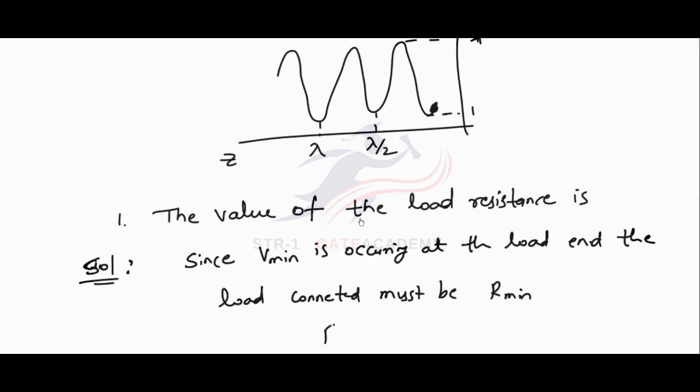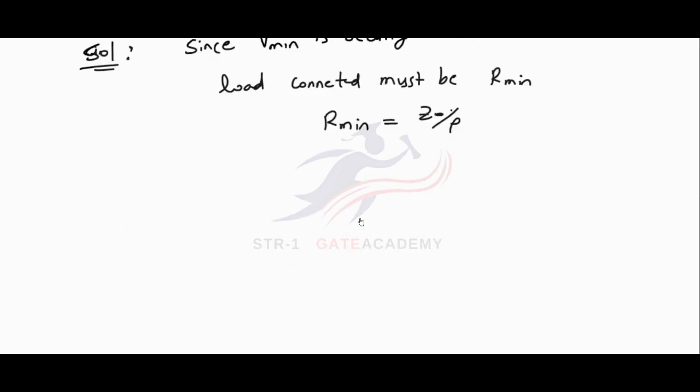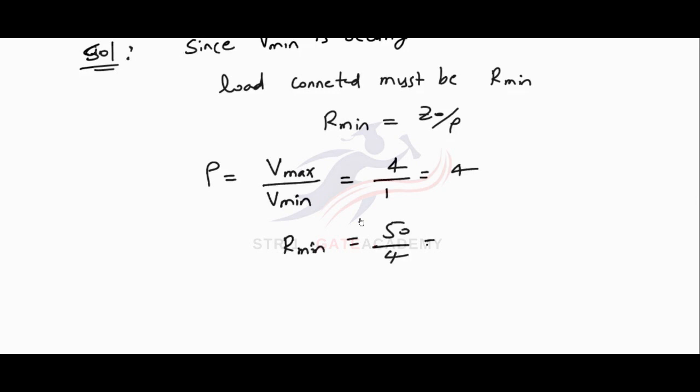And how can you find the value of Rmin? Rmin is Z0 divided by rho. This is known to us. Now how will you find rho? Rho is Vmax divided by Vmin. What is the value of Vmax? Vmax is 4 divided by 1, so 4. So the value of Rmin will be equal to 50 divided by 4, which comes out to be 12.5 ohms. So this is the value of load resistance connected.